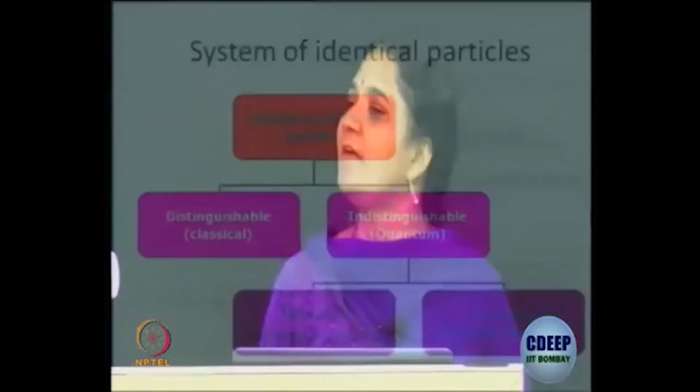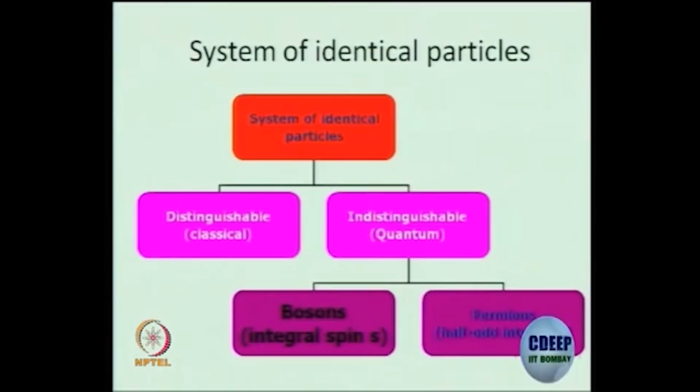This is where you need to know the formal classification, which I am sure you would have studied in your first year course. Why is it distinguishable in classical physics? Suppose I take 2 electrons, I can actually distinguish them in classical physics. What is the reason? They don't have a wave associated with them. It's a point particle in classical physics.